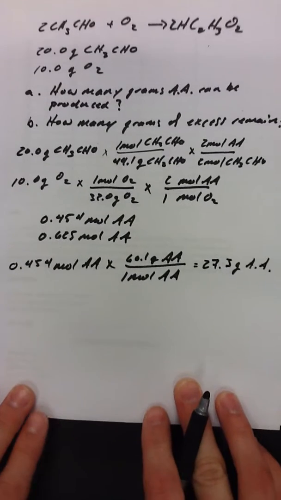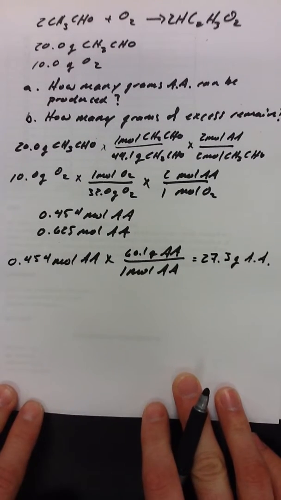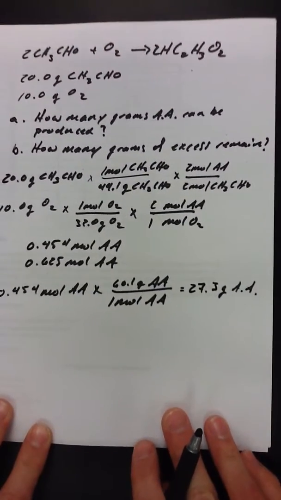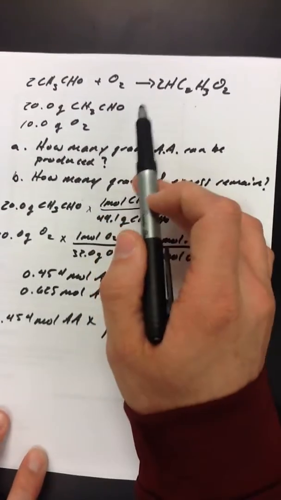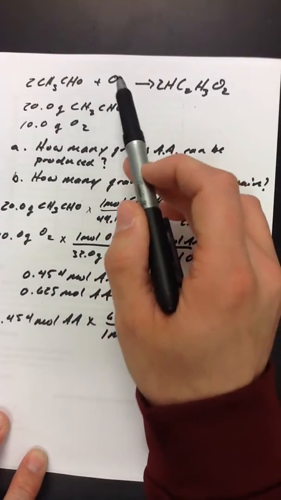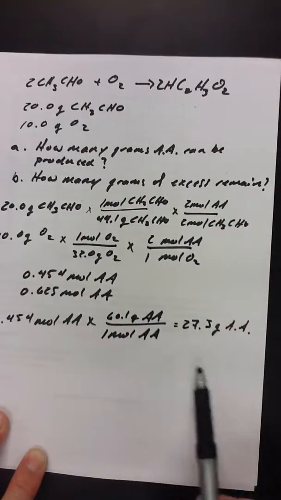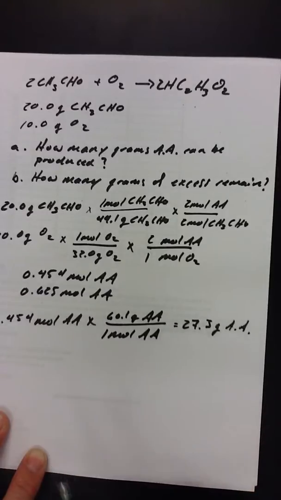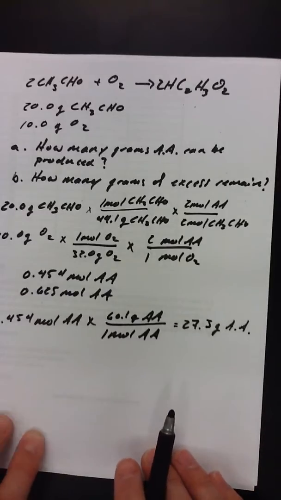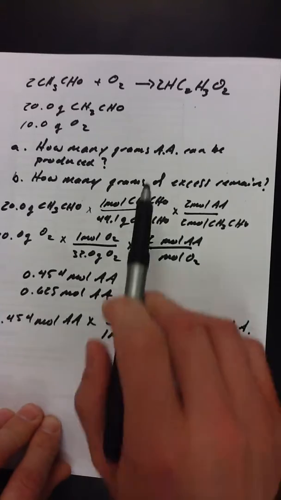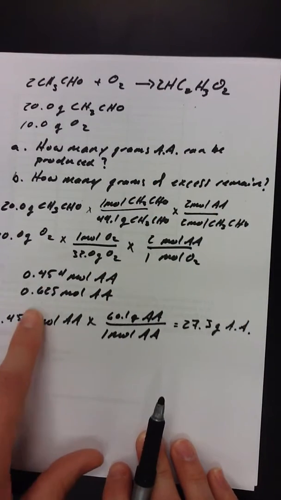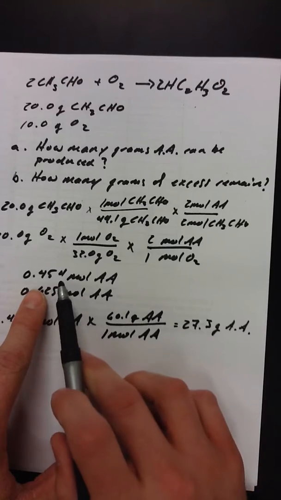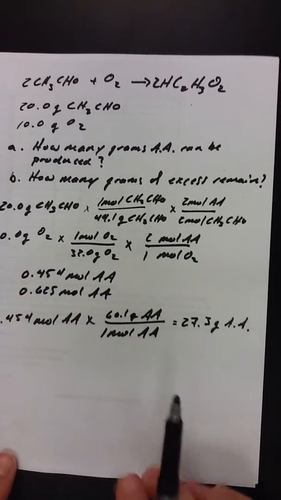Now the question is, how many grams of the excess remain? We have found out that oxygen is the one that's in excess. So the question is, how much did we actually use to produce this 27.3 grams of acetic acid? We always start with what we know. This time we're going to go from moles of acetic acid backwards to moles of oxygen. We said that at most we could produce 0.454 moles of acetic acid.